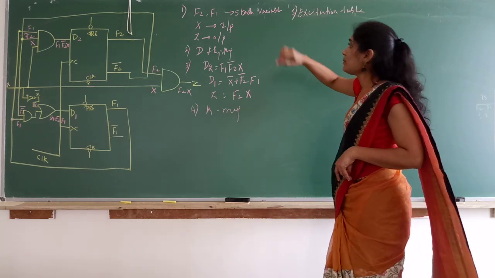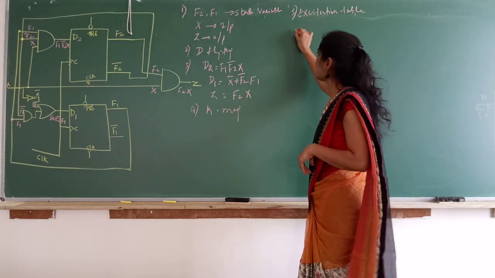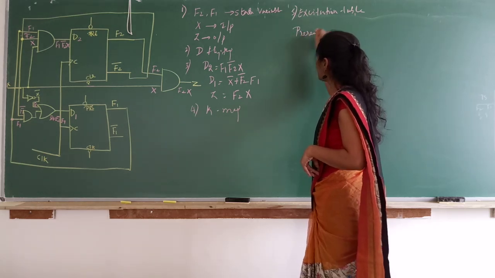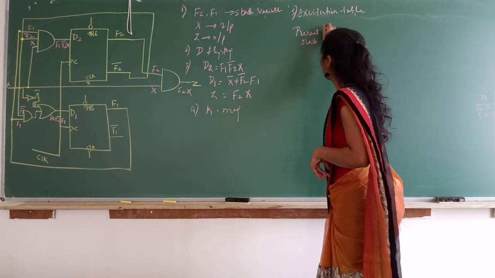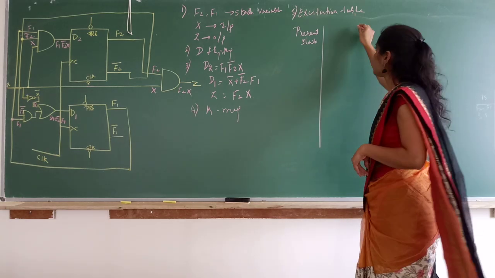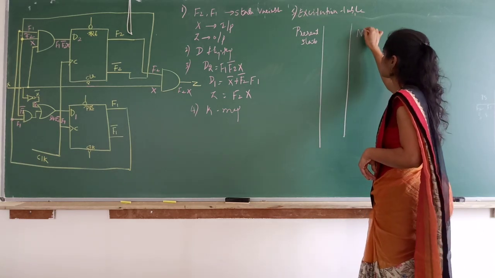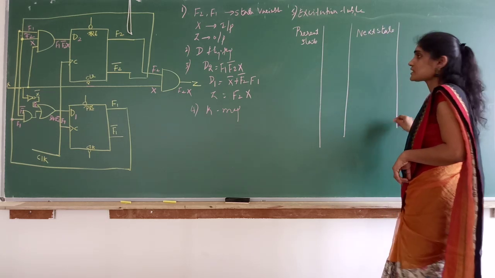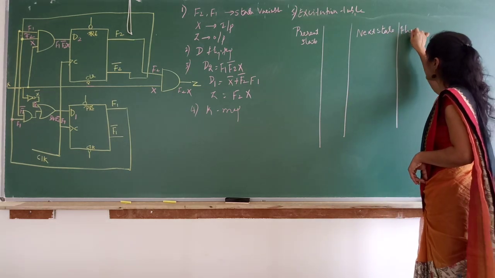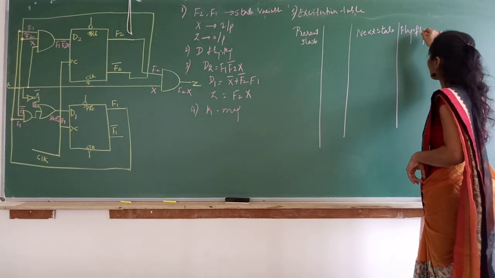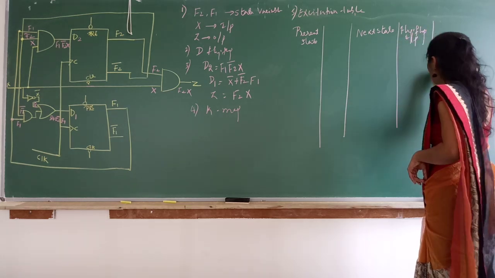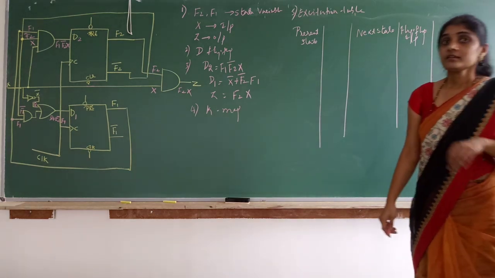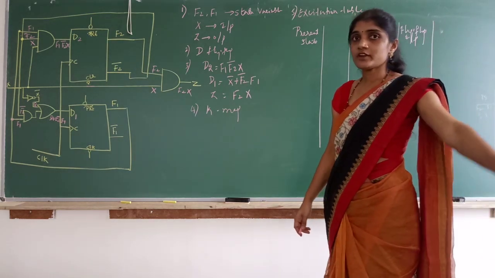Excitation table. What are the columns we have? Present state, next state, flip-flop inputs. These are the columns we had for the last few problems we have worked out.